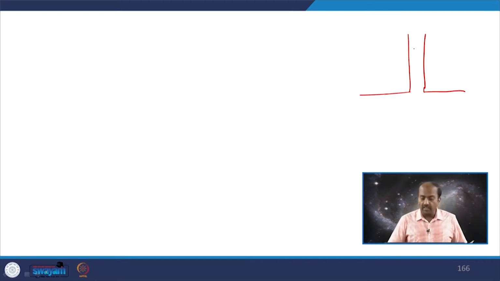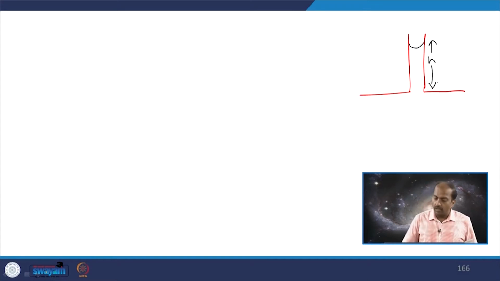So, the tube stands in the water, and water has risen to a height h. Let us say, as the evaporation happens, it will rise to a height h. This is the meniscus. The meniscus is curved, right.